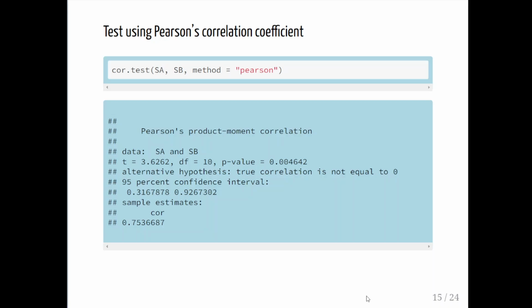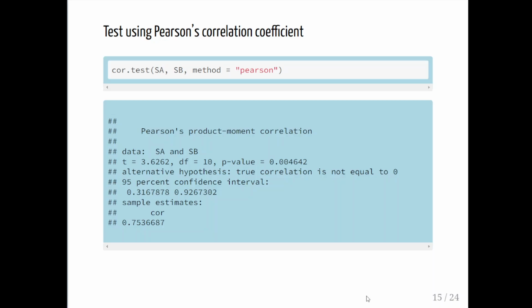I just stuck it in this time. This is the test using Pearson's correlation coefficient, so there we have all the output. We have a 95% confidence interval, which does not include 0. But what I'm really looking at here, for the sake of brevity, is the p-value, which is on the second line of the output, not including the header. The p-value equals 0.004642.